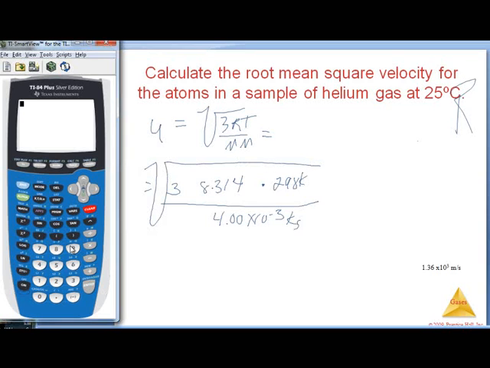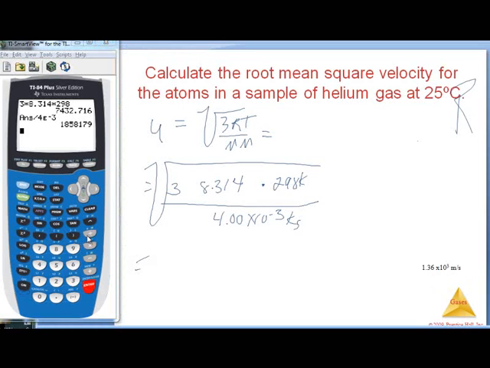So first I'm going to figure out what that is inside the square root. So it's 3 times 8.314 times 298, divided by 4 EE negative 3, and I get that.